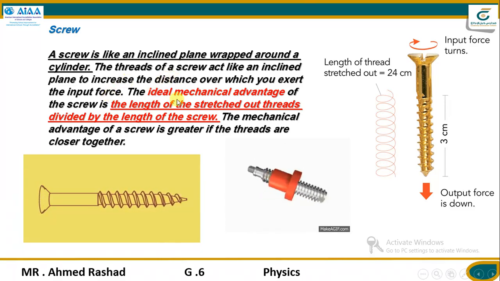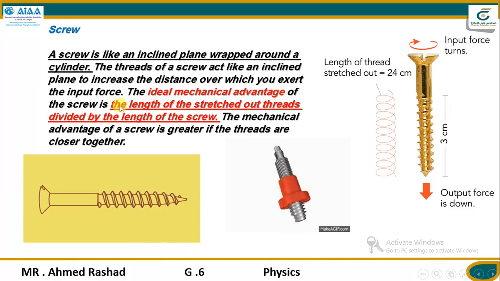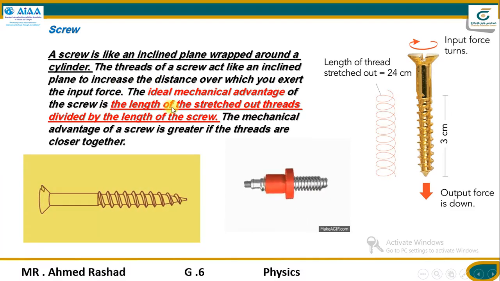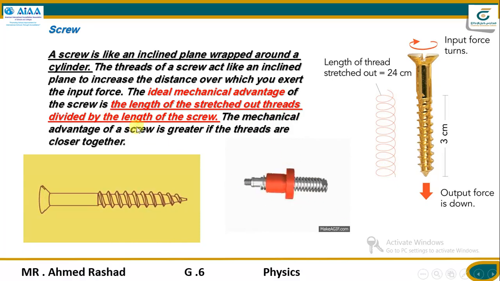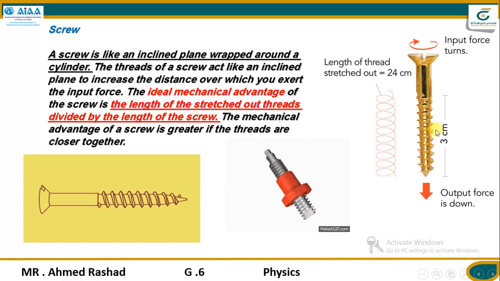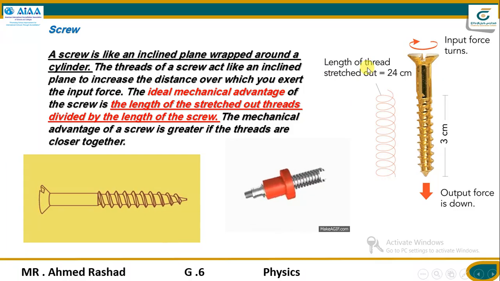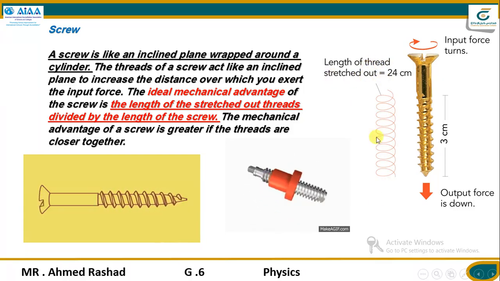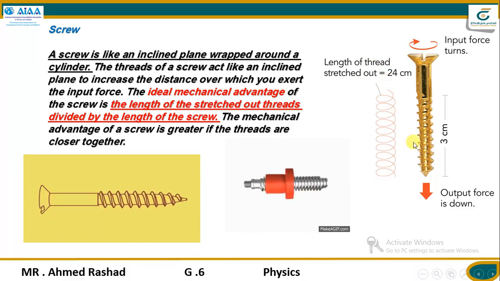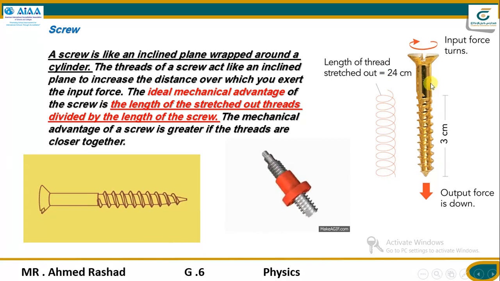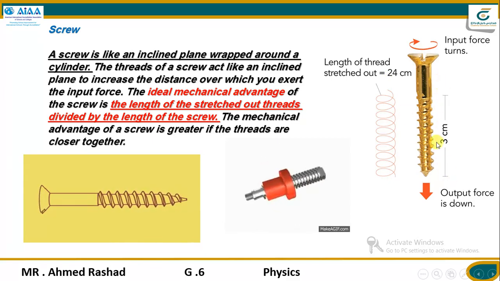And the ideal mechanical advantage for a screw is the length of the stretched out threads, divided by the length of the screw. Here the length of thread stretched out is 24 centimeters, and the length of the screw is 3 centimeters.